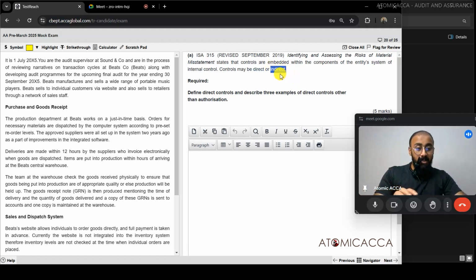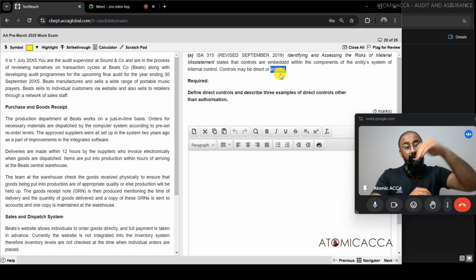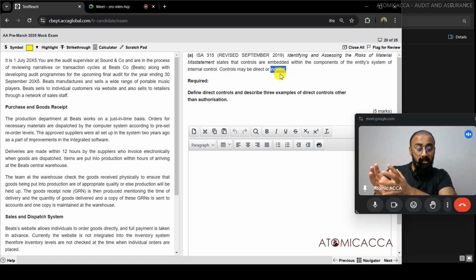Indirect controls are generally related to the other operations going on in the company, and will indirectly ensure that things within the financial statements are working properly. So direct means those applicable on the financial statements. Indirect means things that are supportive of the direct controls.